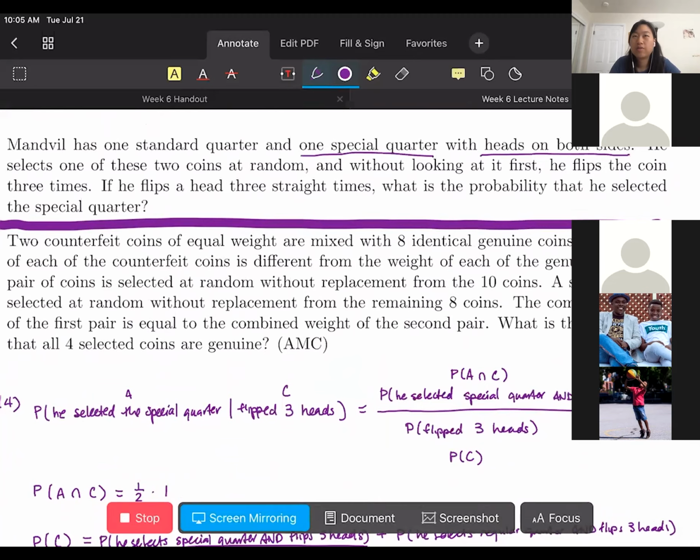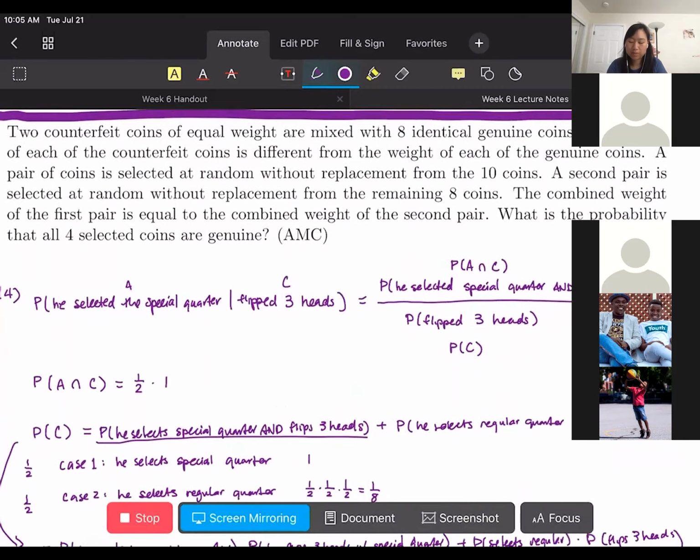So if he gets the special quarter, that means he'll always flip heads. So when he flips 3 times with the special quarter, the only sequence that he can get is heads, heads, heads. So the probability that he gets heads, tails, tails, or heads, heads, tails, or all the other sequences is 0. So the sum is still going to be 1.